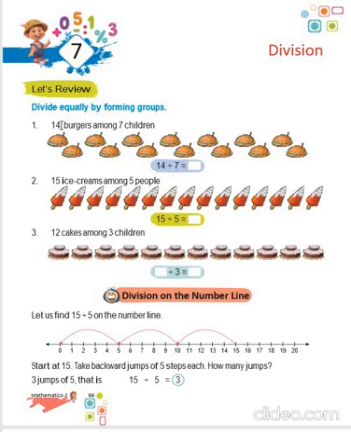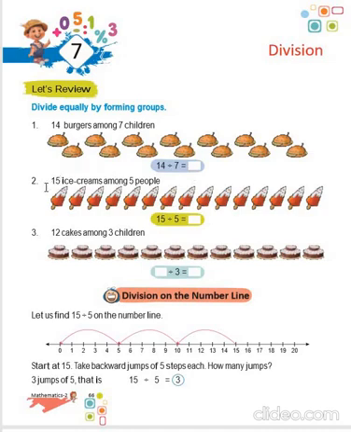Suppose we have 14 burgers and these 14 burgers we have to distribute among 7 children. So how many burgers will each child get? 2 burgers. So 14 divided by 7 is equal to 2.